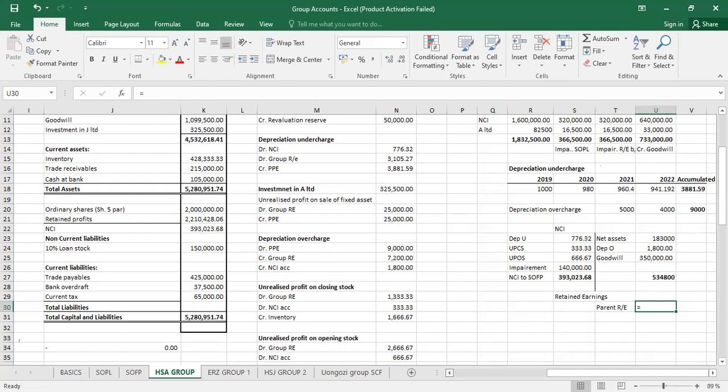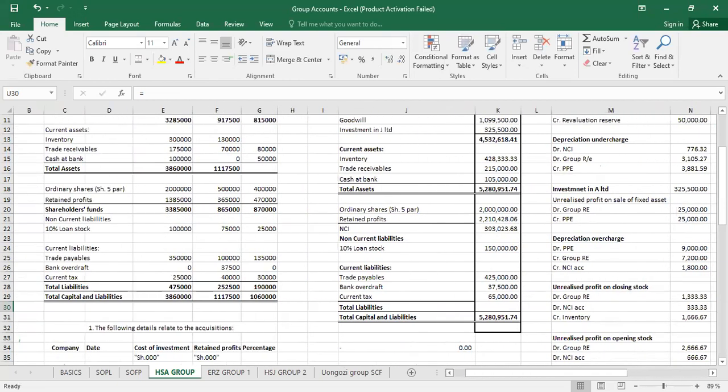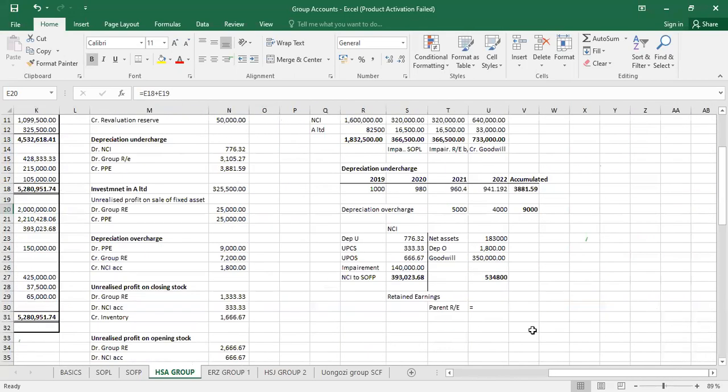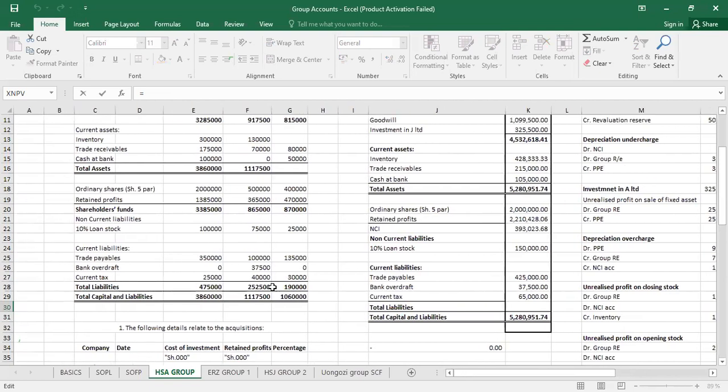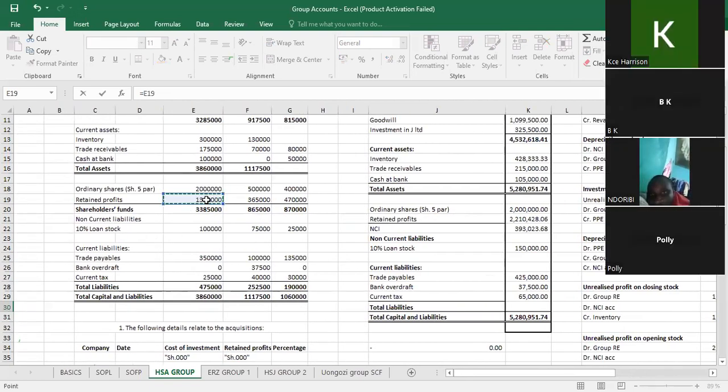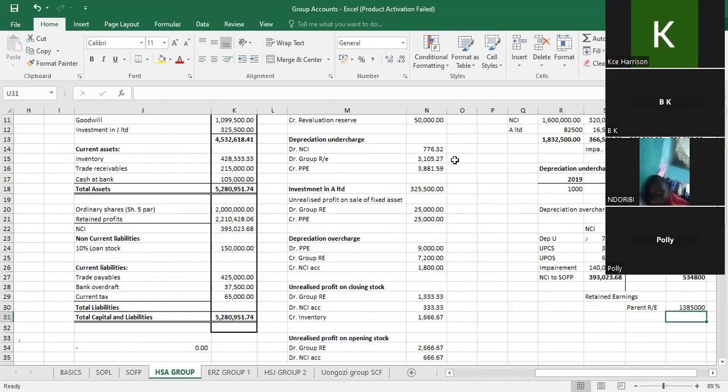We'll take only the parent retained earnings. Where is it here? This value here. I never pressed the equal sign, sorry, but I thought I pressed. So equal the value here.